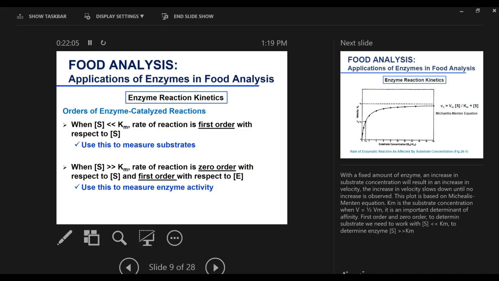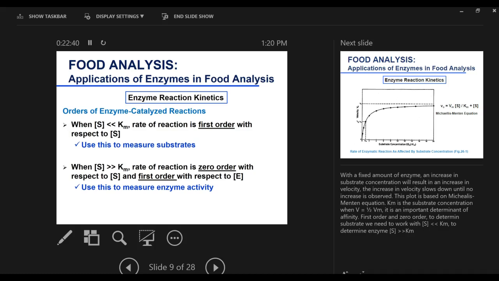The same enzyme with different substrate will have different Km, so it's very important that I know that. So I want to have enough enzyme in the system so that my reaction is zero order with respect to enzyme. So my enzyme should not be the limiting factor, but my substrate should be the limiting factor. Okay? So first order with respect to substrate, zero order with respect to enzyme. I need to have enough enzyme to measure my substrate.